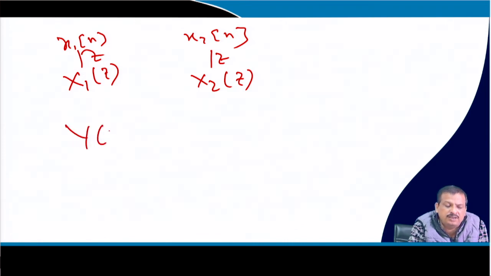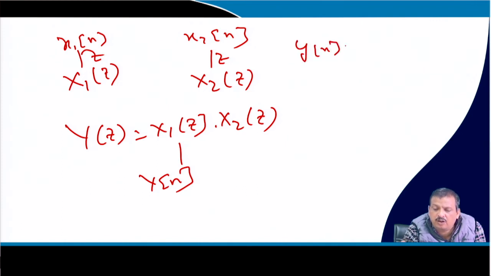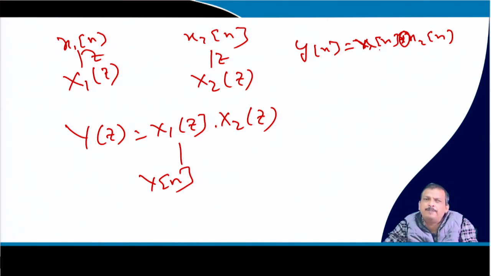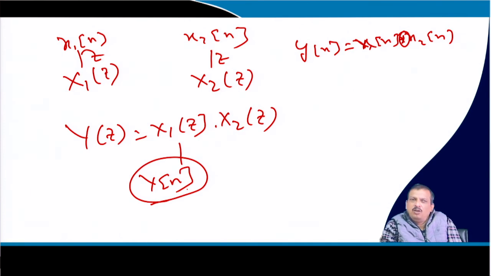Then I can create Y of z equal to X1 of z multiplied by X2 of z. Then I take the inverse z transform and I get y of n. So instead of computing y of n equal to x1 n convolved with x2 n, I can take individual signals to z domain, multiply them, and then take the inverse transform to get y n. That I can do instead of computing convolution.